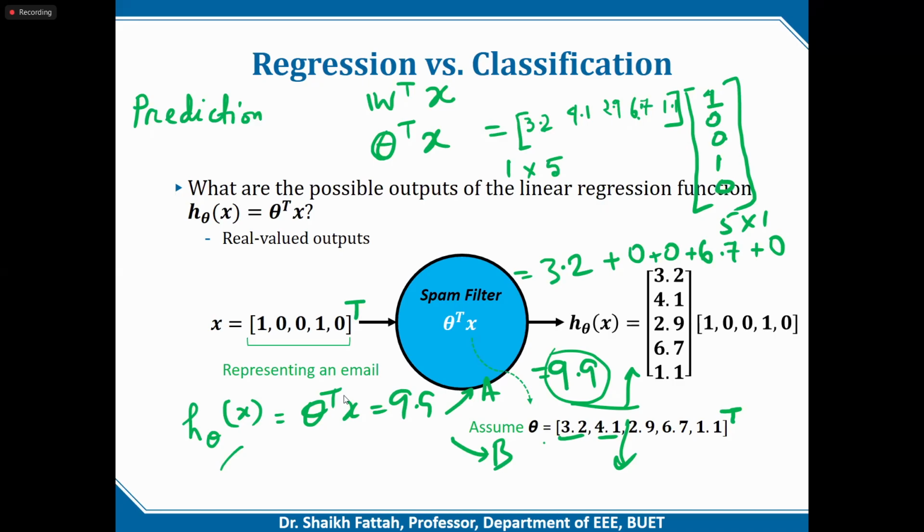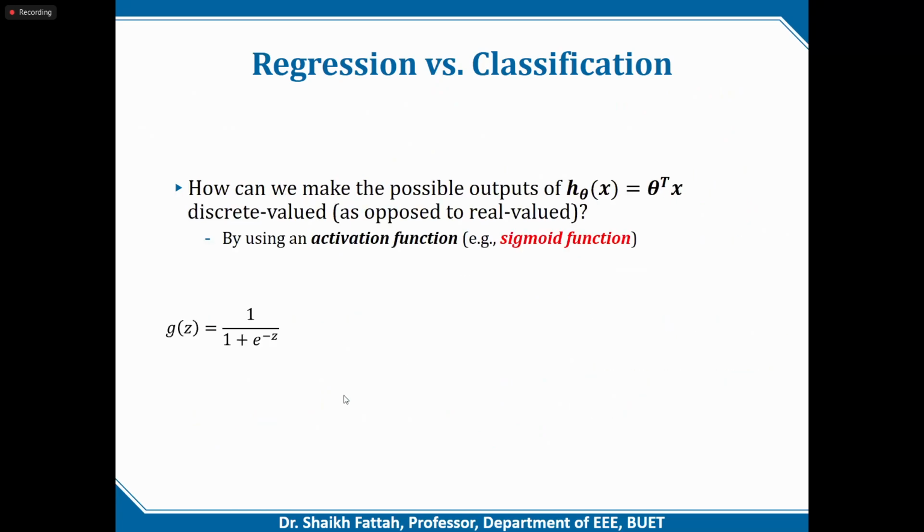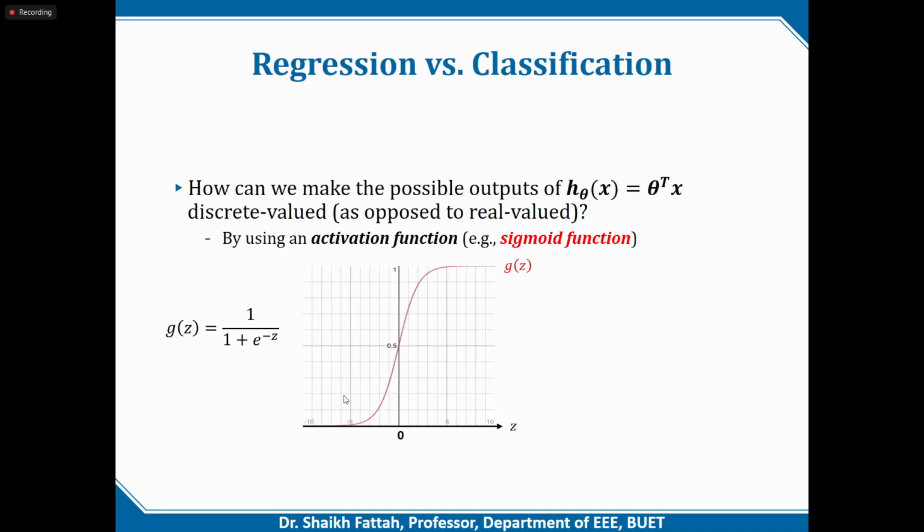That's why, a simple trick, we can use a function that will convert this value to a suitable comparable value. We call this function very simple. You can see here, whatever value 9.9 you have obtained for your h theta x, give it to me.